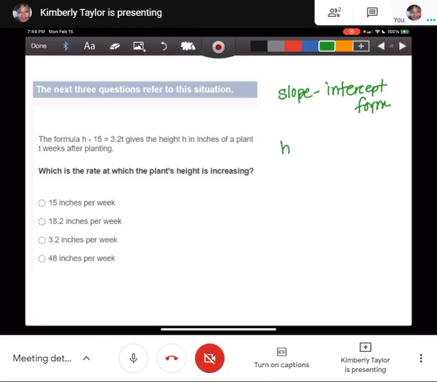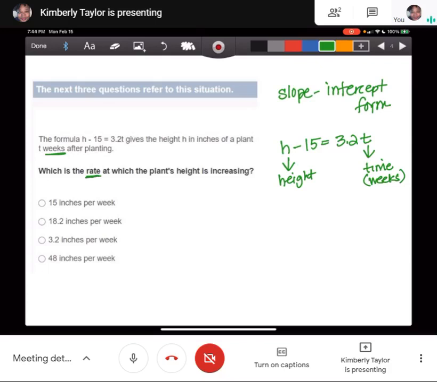You got h minus 15 equals 3.2t. The h stands for the height of the plant, and the t stands for the time, which we're measuring in weeks. Okay, so it wants to know, well, what is the rate?